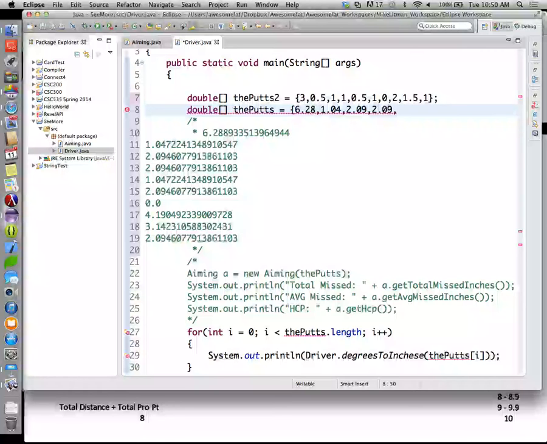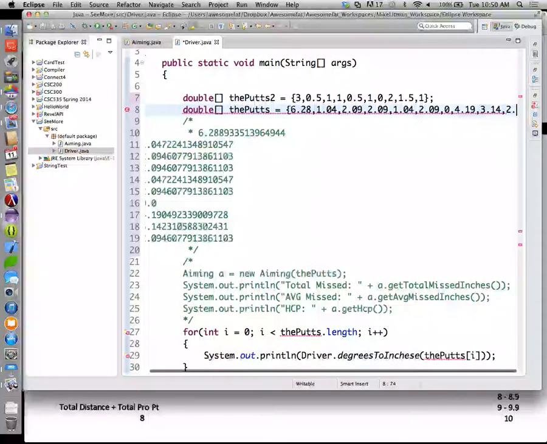They're going to say, this is about a 2-inch miss or 2.25-inch miss or something like that. But this will at least make us get our numbers correctly. 1.04, 2.09, 0, 4.19, 3.14, and 2.09.